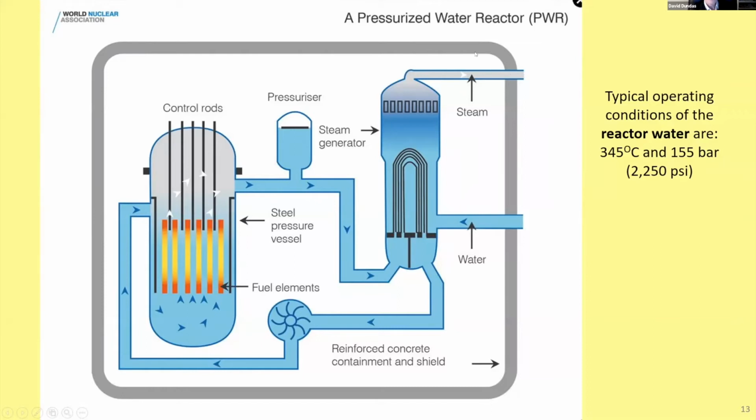The whole system is enclosed in a very, very strong concrete containment shield. If there is a danger from nuclear reactors, it's not a danger that they're going to explode like a bomb, but that the heating gets out of hand and melts the fuel that's in the fuel element, and then that needs to be contained before it can actually escape as it did in Chernobyl, into the atmosphere.